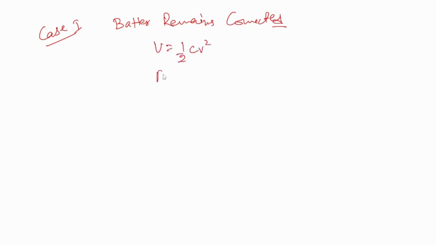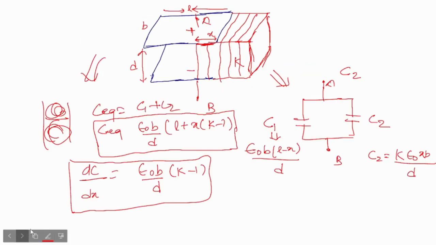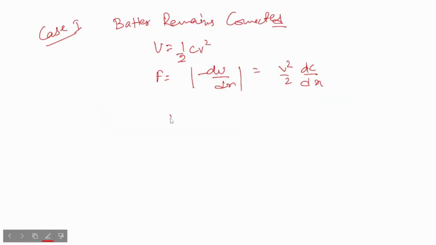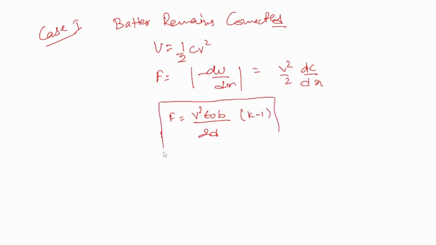You know F is minus dU by dx, which will be V square by 2 into dC by dx. Putting the value of dC by dx from the earlier equation, you will get F equals V square epsilon naught b upon 2d into (k minus 1). This is the value of force when the battery is connected.